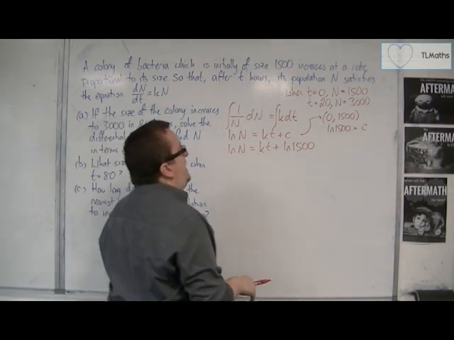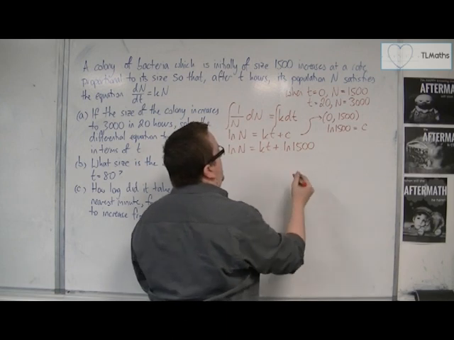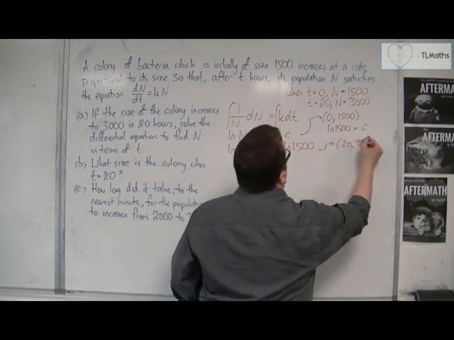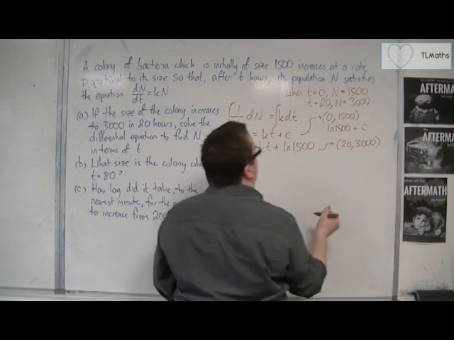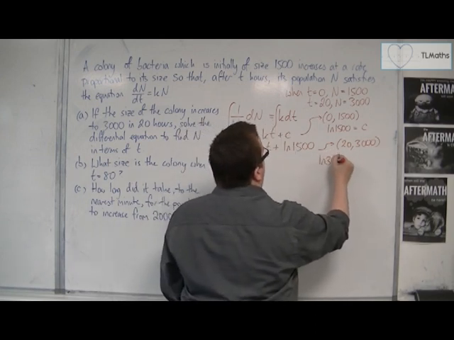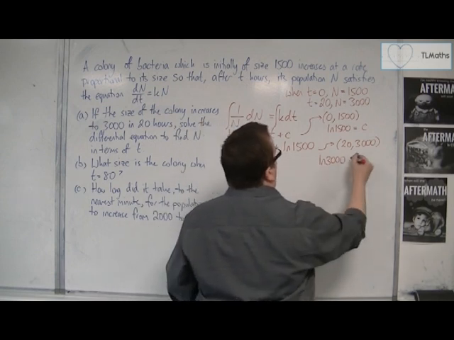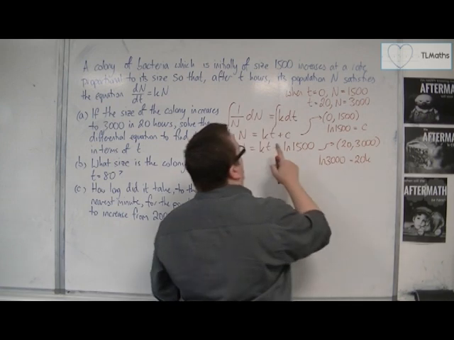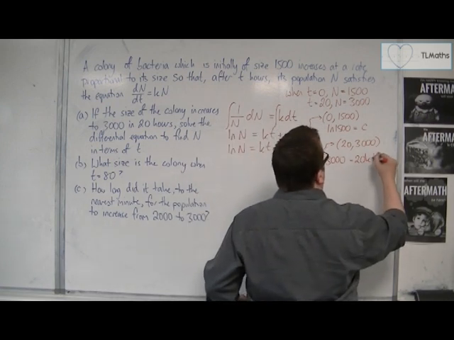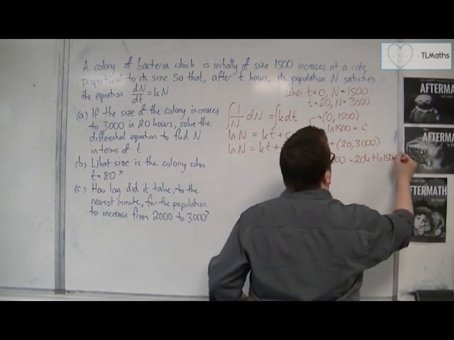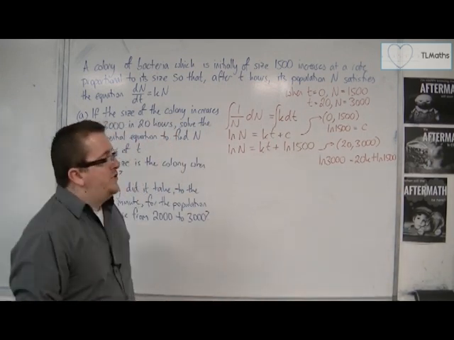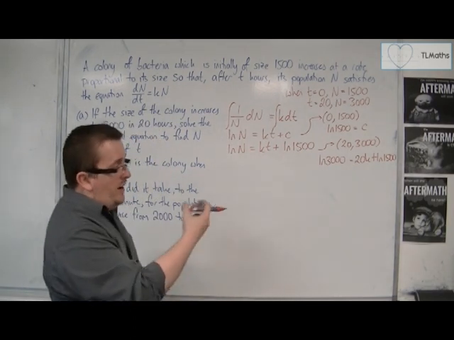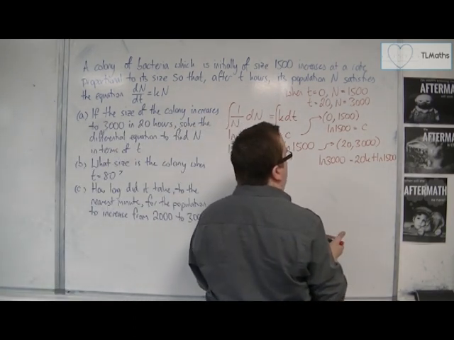Now, when t is 20, n is 3000. So 20, 3000. So ln of 3000 is equal to 20k plus log of 1500. Now I can subtract the log of 1500 from both sides.